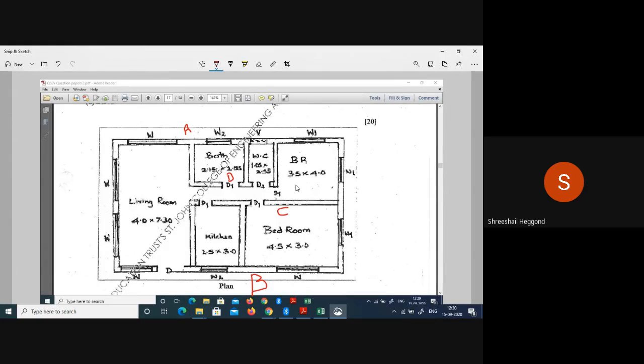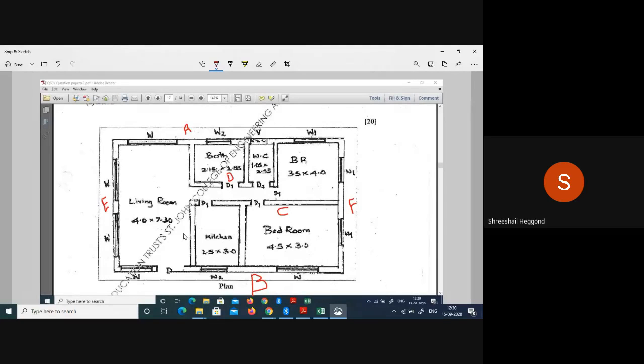Okay. Any other horizontal walls are remaining? Only 4 walls of horizontal. Now we can write for vertical. That can be as next is of E wall you can write, and this wall can be written as F wall.